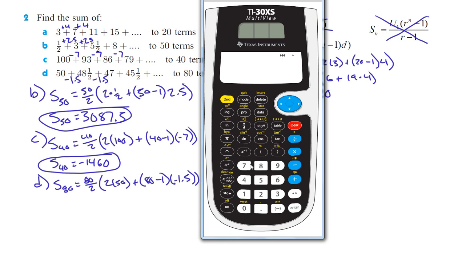Okay, so we got 80 divided by 2, parentheses 2, parentheses 50, or just 2 times 50, plus parentheses, we got 80 minus 1, which is 79, all times negative, don't push the subtract, make sure you push the negative, 1.5, double parentheses, and we get negative 740.